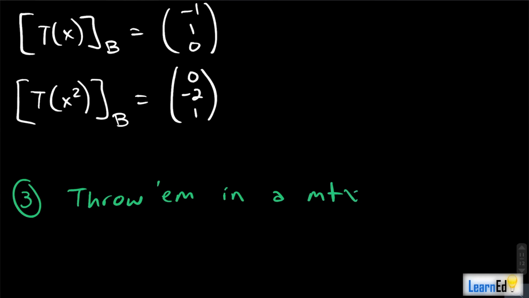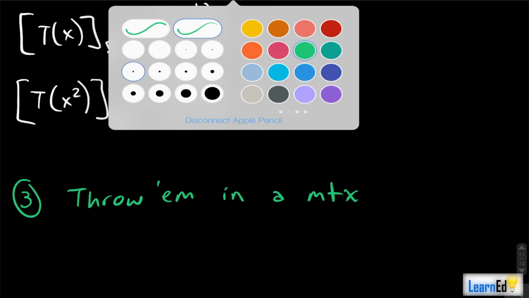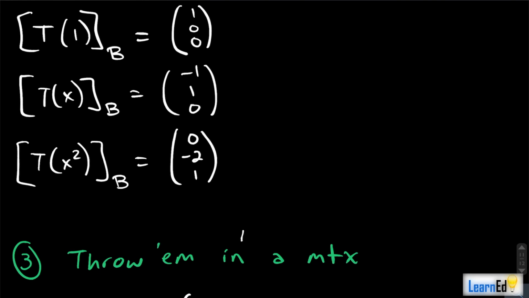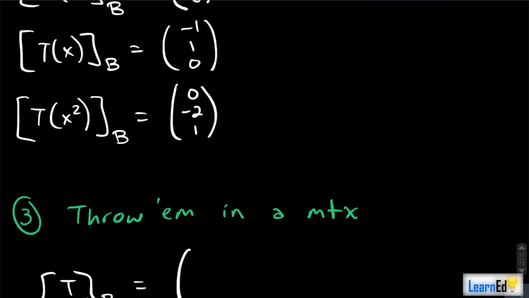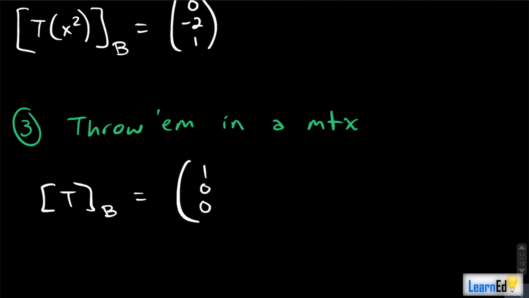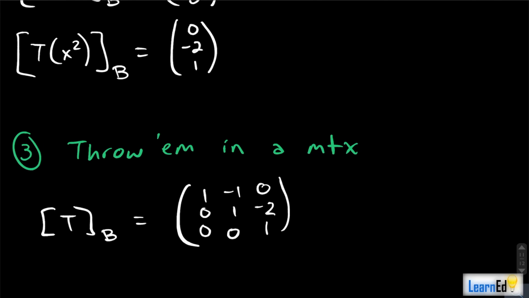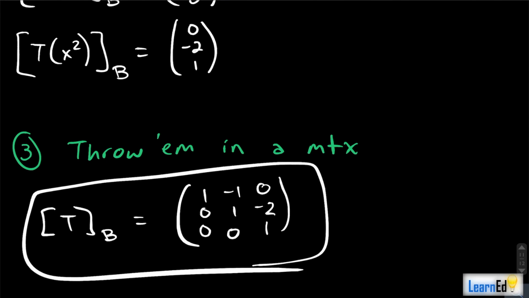It'd be great if I could just change color instantaneously, but that's not something I can do. So anyways, the transformation relative to B will be 1, 0, 0, negative 1, 1, 0, 0, negative 2, 1. And there you go.